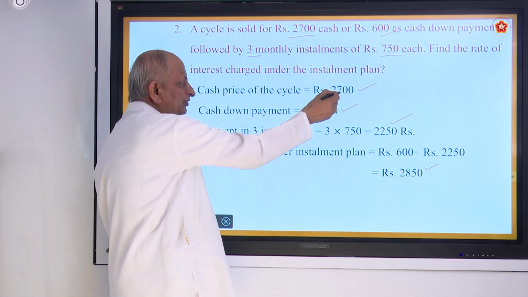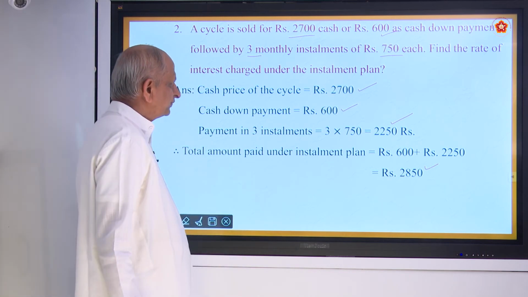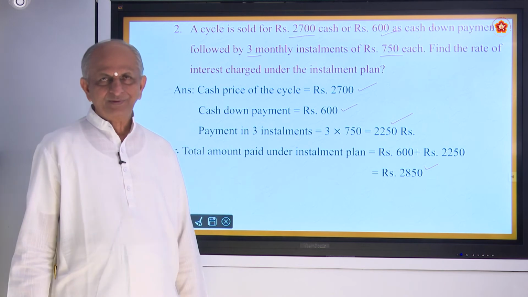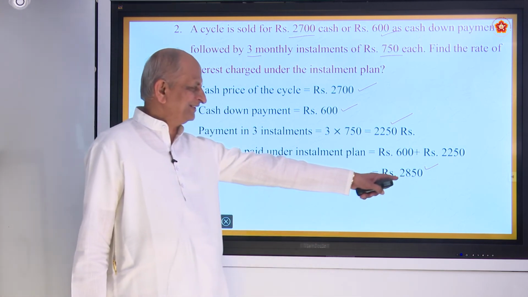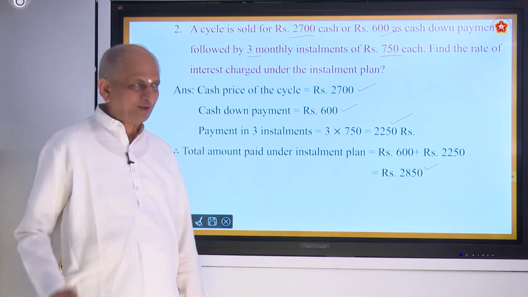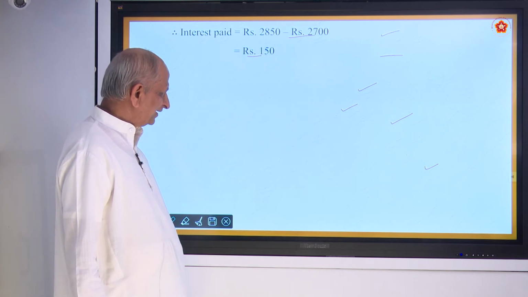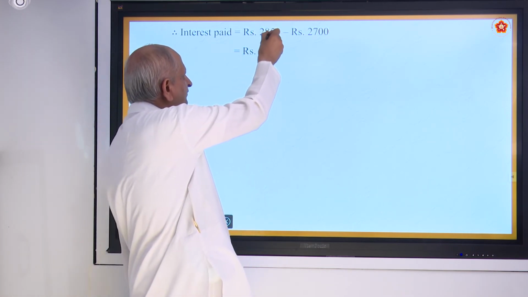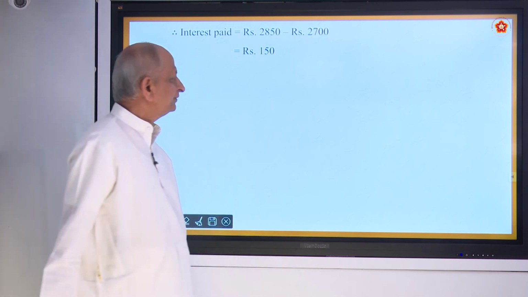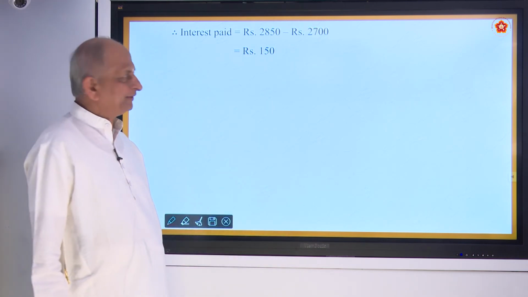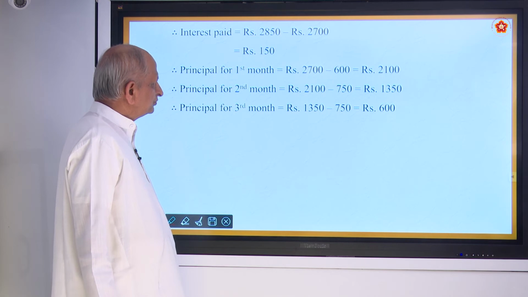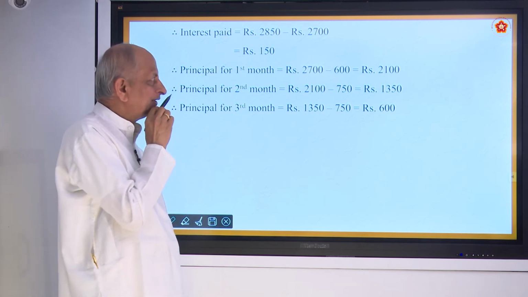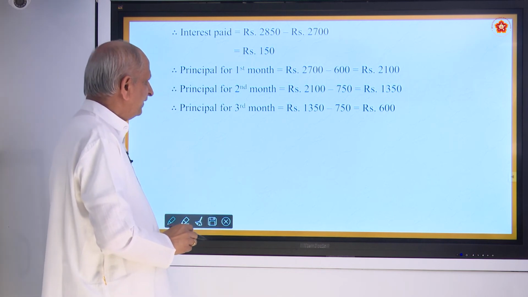Actually he must give 2,700, is it not? But now he is giving 2,850. Which is more? This is more. And how much more? That is called interest. And interest will be 2,850 minus 2,700, that is equal to 150. Now, they are asking the rate of interest charged on this payment.